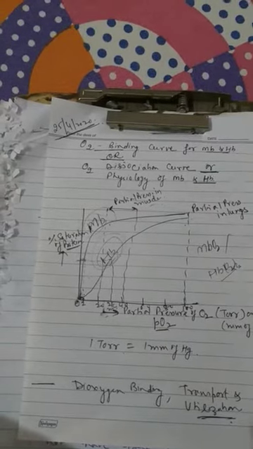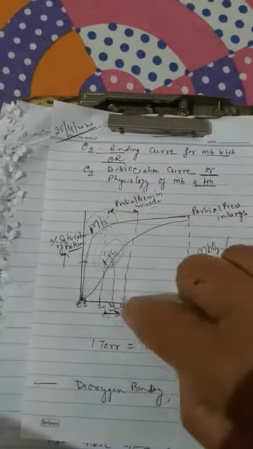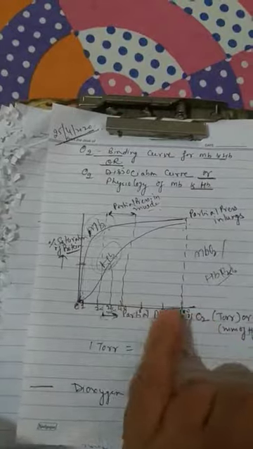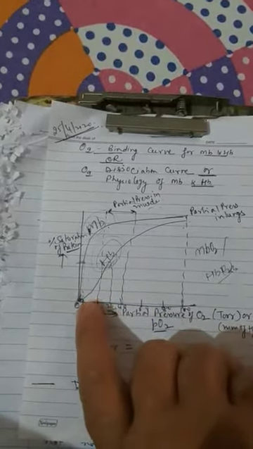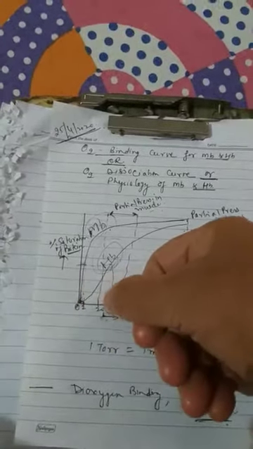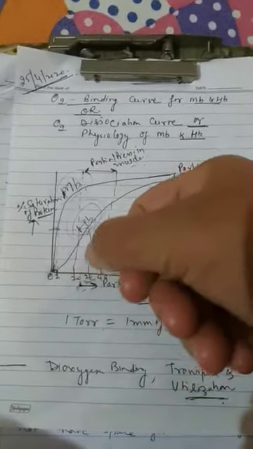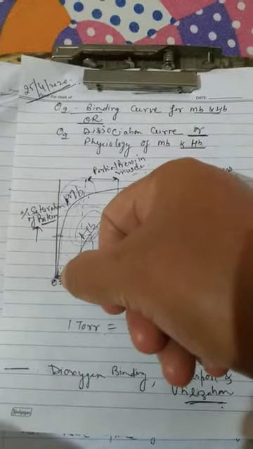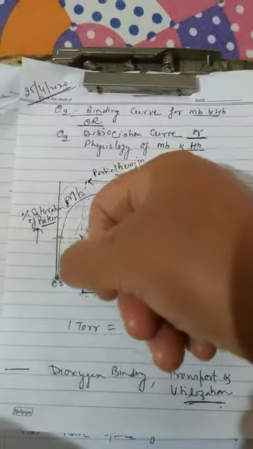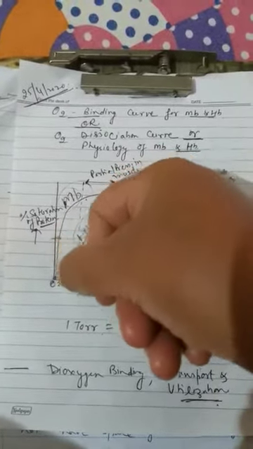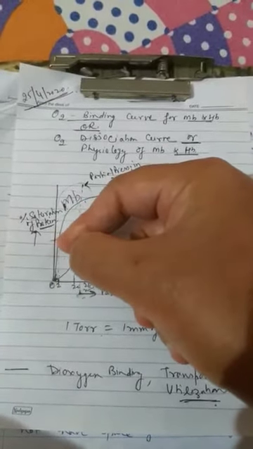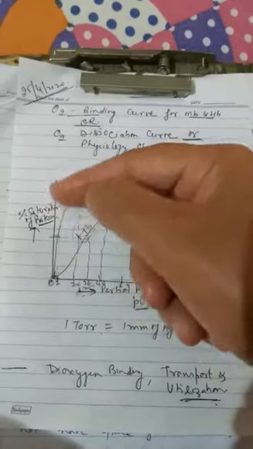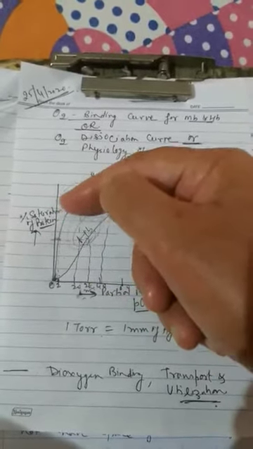For example, let us take a point on the x-axis which is standing for concentration of oxygen. Let us take 2 millimeter of mercury. You can see the binding tendency of myoglobin towards oxygen. Means at 2 millimeter of mercury, myoglobin will be 50% saturated, or 50% of the myoglobin will be saturated with oxygen, right?